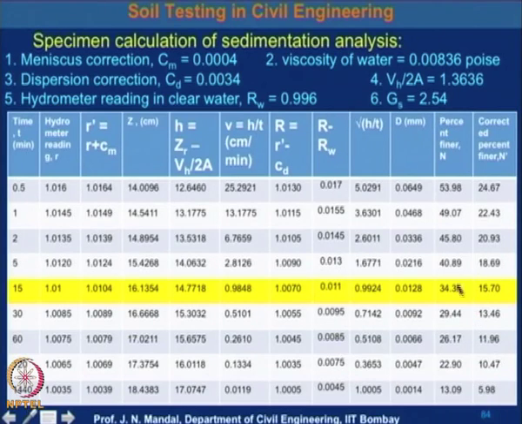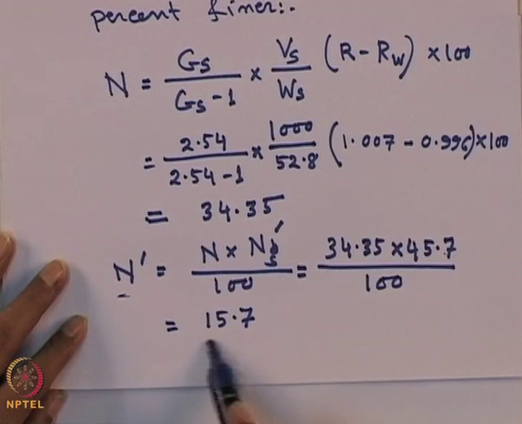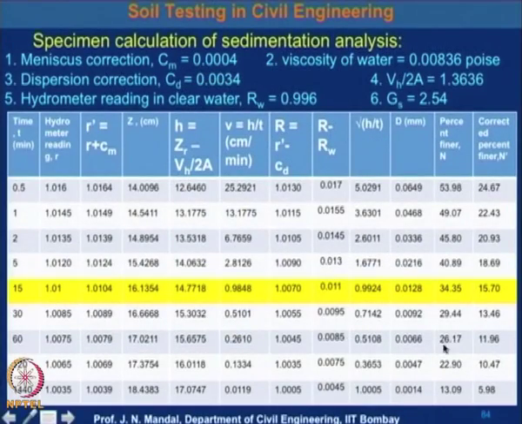This is the corrected percentage of the particle final. So, for different times you are calculating the corrected percentage final, and you know the diameter also.